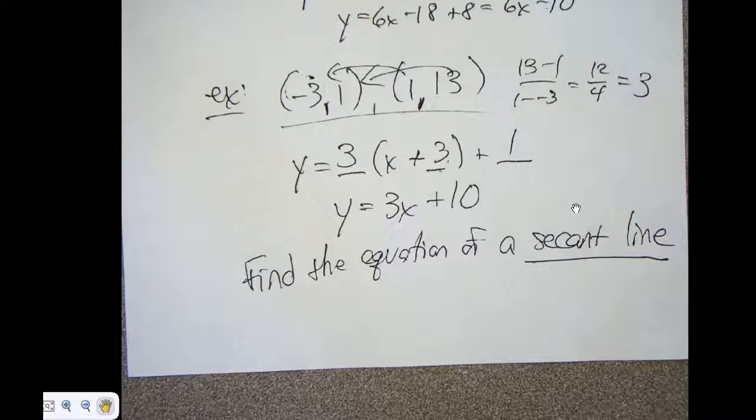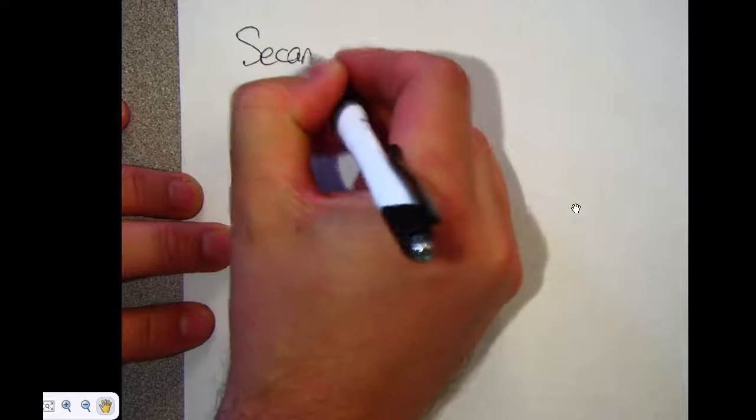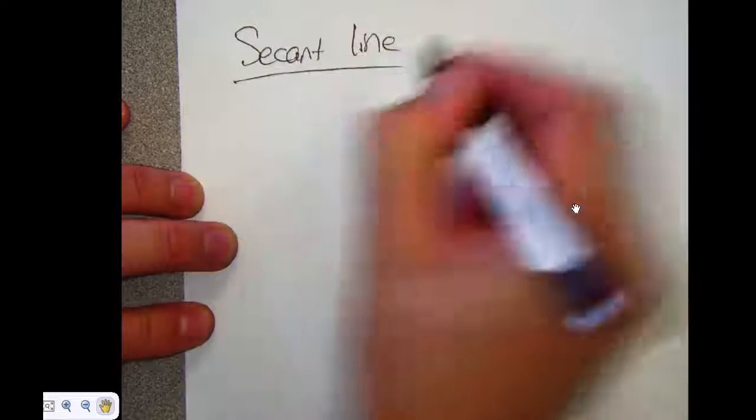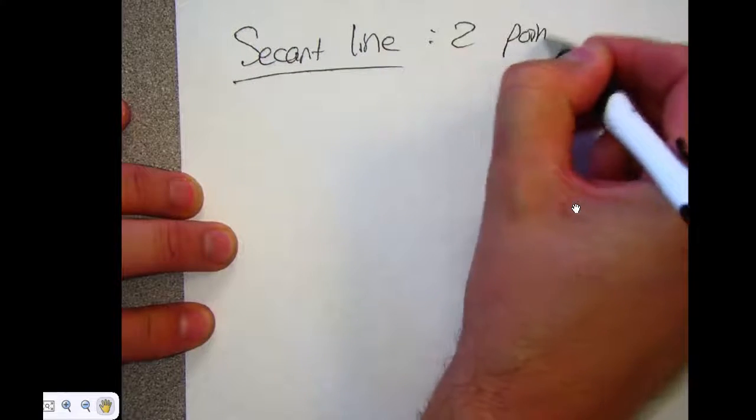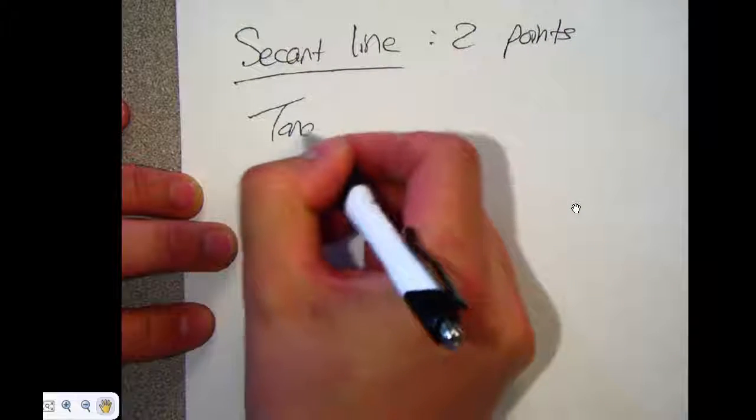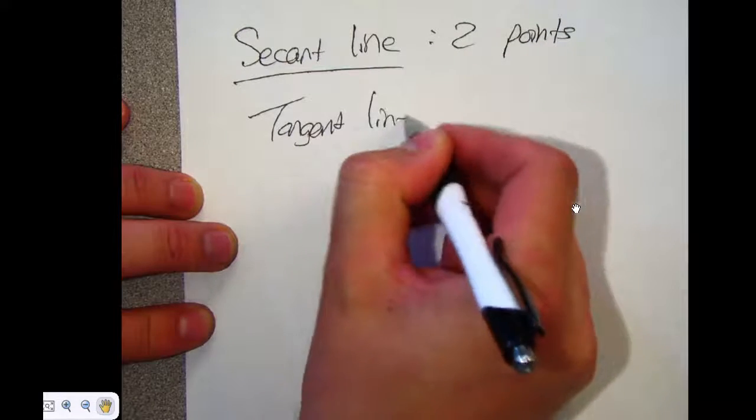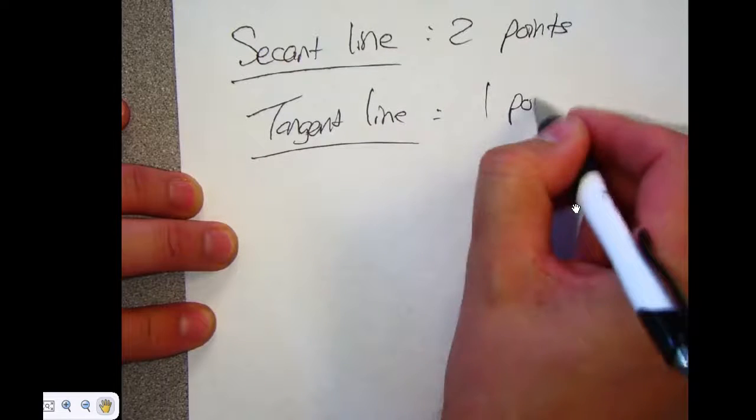So there's secant lines and tangent lines. So a secant line is 2 points. Tangent line is 1 point.